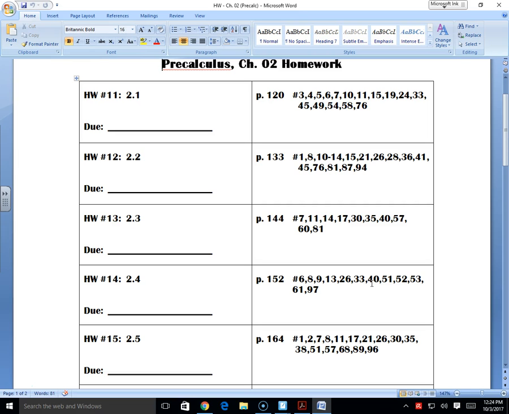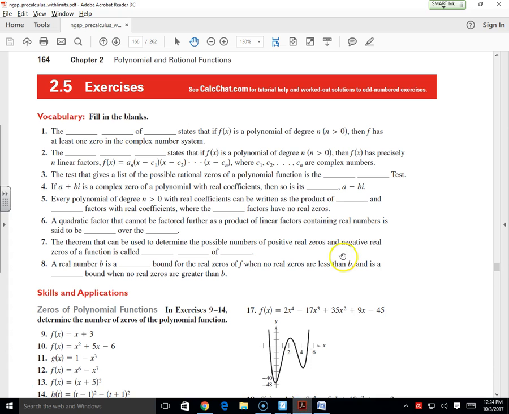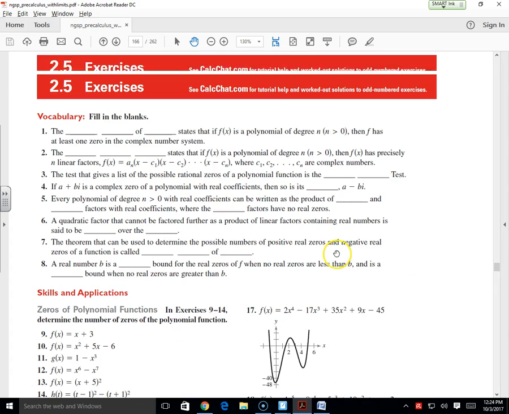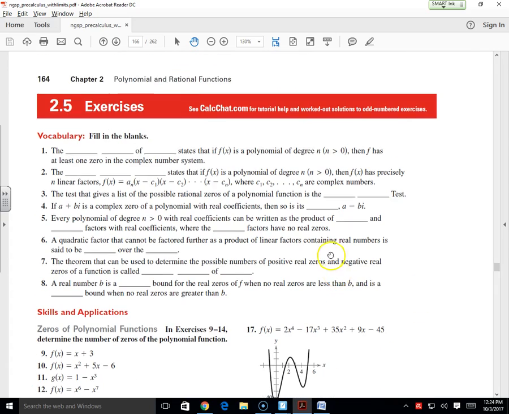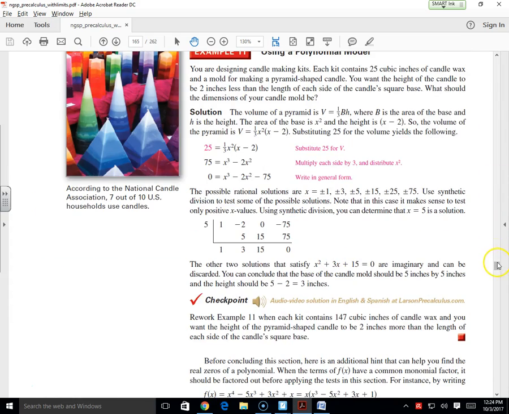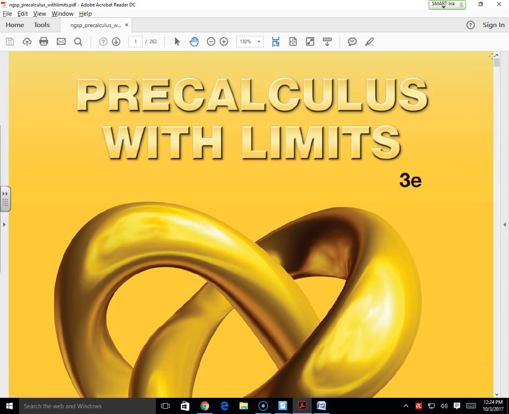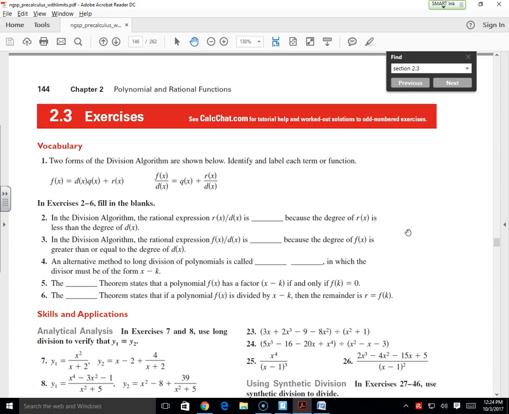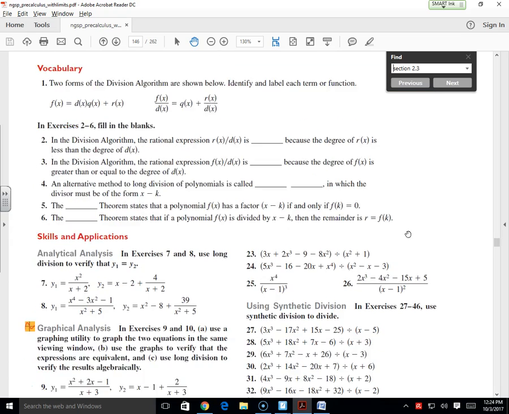In just a second, I am going to pull up the book so you can see the beginning of homework. What's the first problem that you guys have? Oh, it's not 2.5. Sorry, you're 2.3, aren't you? I had the wrong section up. Some of you already started homework. Perfect. If you need to borrow a book or if you have a book, just go to where you left off.